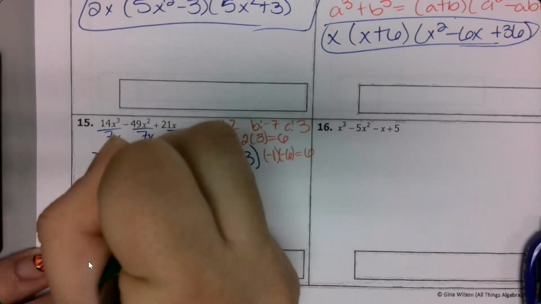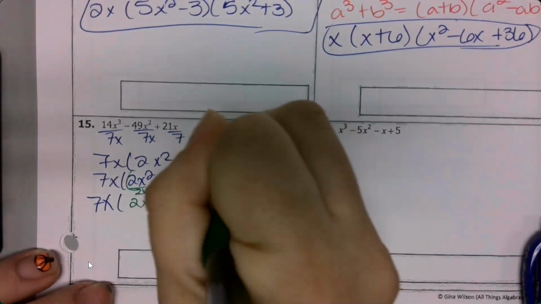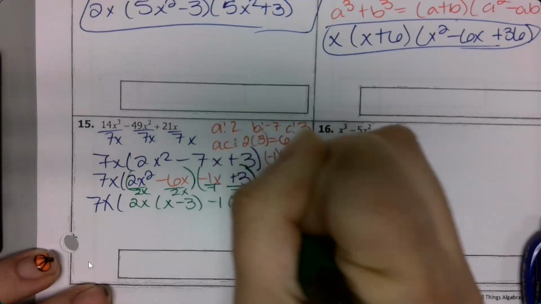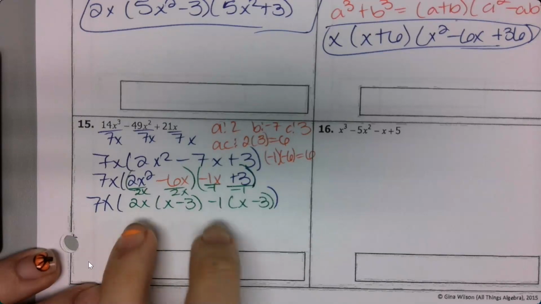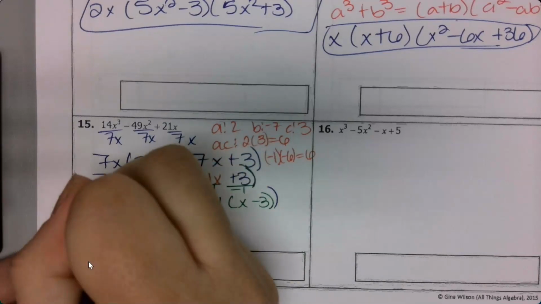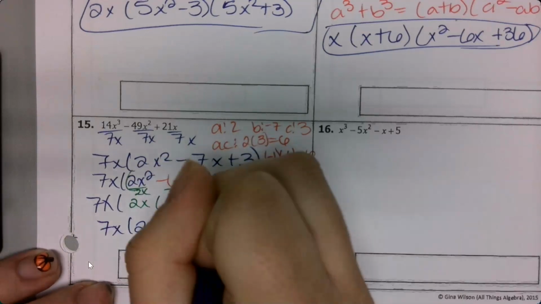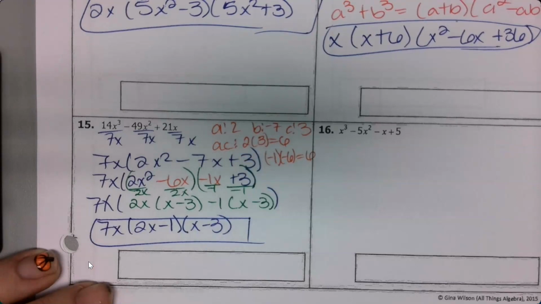So I have 2x times x minus 3. My second group I can take out a -1. And then I'm left with x minus 3. I want to take my two outside pieces and put those together. So I have 7x times 2x minus 1. And then the repeated part only gets written once because I'm undoing the distributive property here.